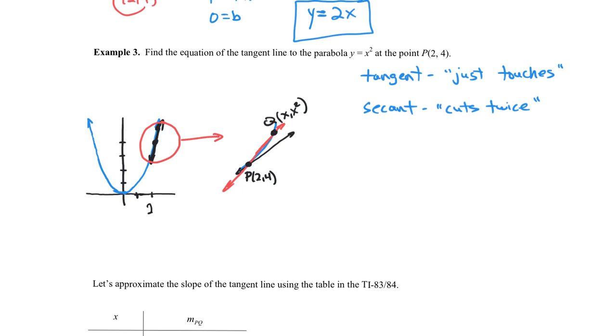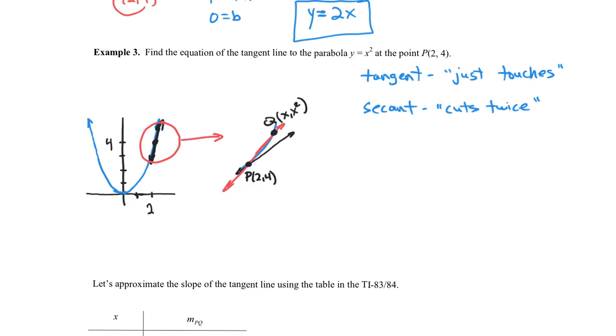We've got this 2 over here, and of course this is 4. As x approaches 2, Q will slide along this blue curve, along here, as this x-coordinate gets closer and closer to 2.